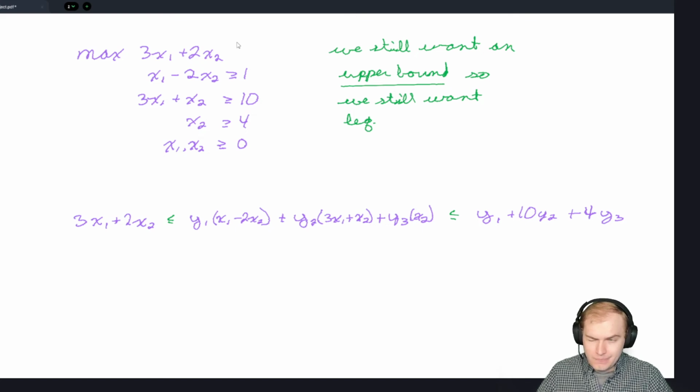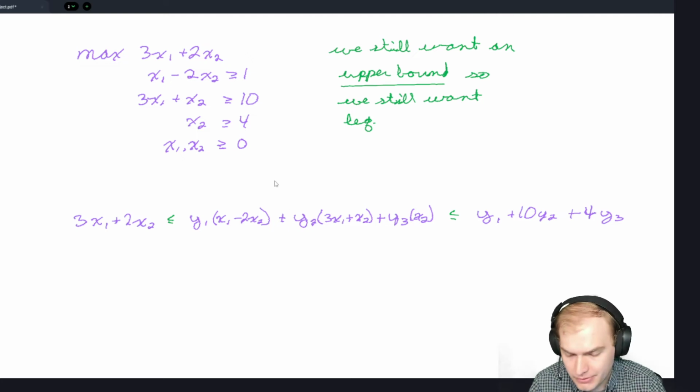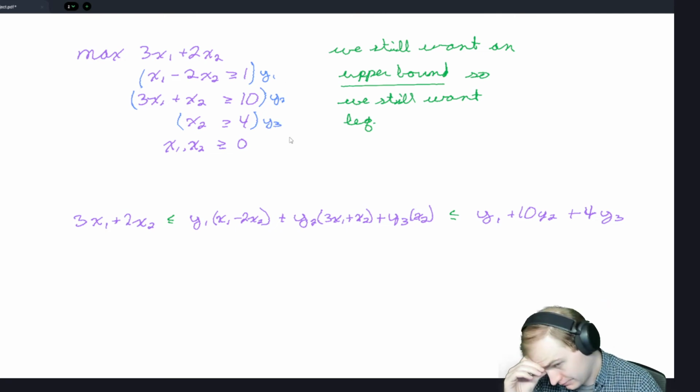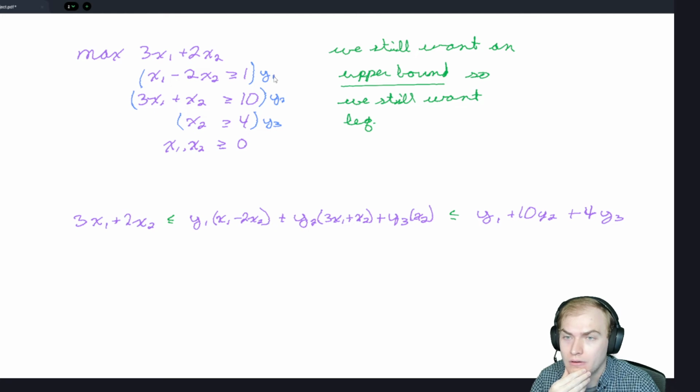So then, remember that if these were all non-negative, then we have a greater than or equal to in all three, and we have a greater than or equal to here.